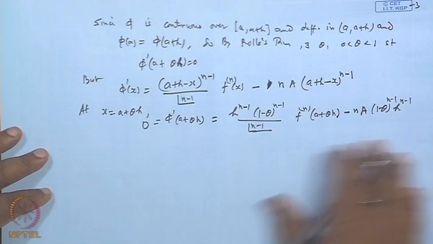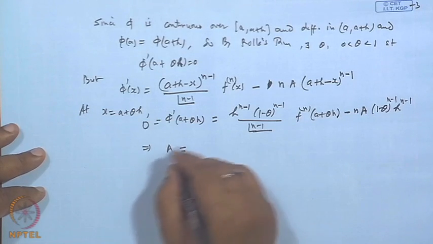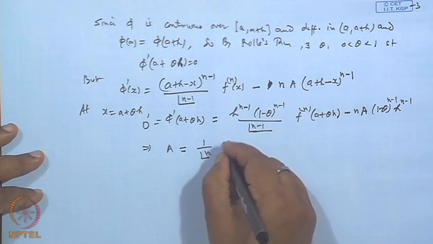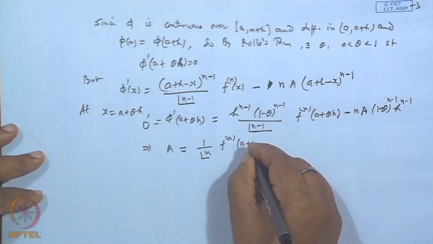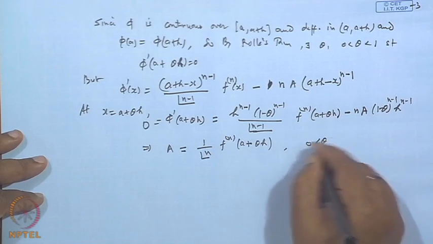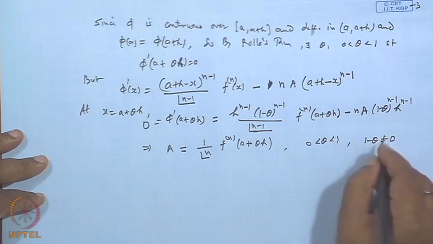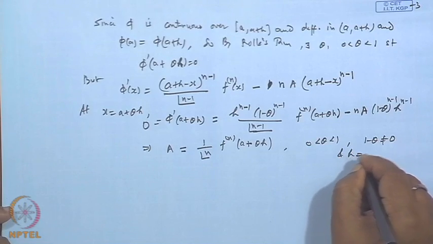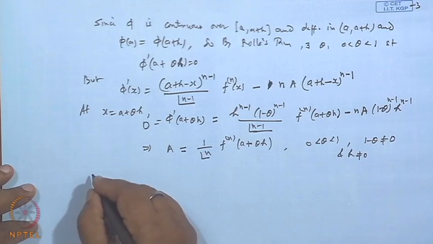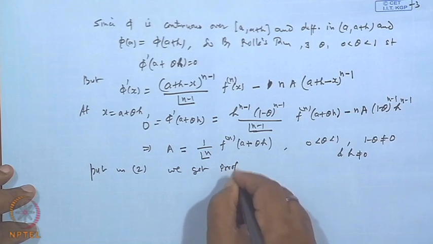So, if we solve it, the value of A will come out to be 1 by factorial n f^(n)(a + θh), where θ lies between 0 and 1, 1 minus θ is not equal to 0, and h is not equal to 0. Okay. So, we get the remainder A and then substitute this value in 1. So, put in 2, we get the result proof with the remainder term.